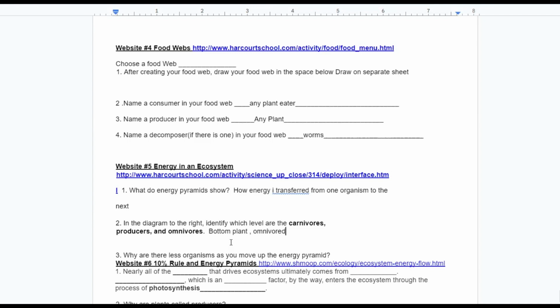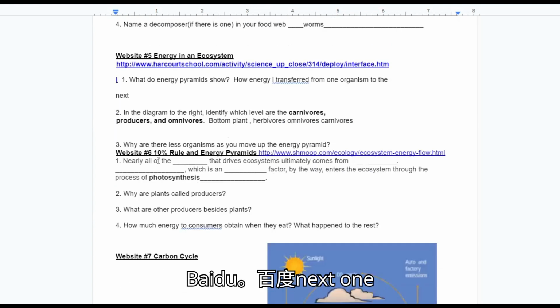Well, actually, we have to have herbivores first, but it's not listed here. So herbivores I'll put next, then omnivores, then carnivores. All right, let's just leave that one alone. Let's move on to the next one.